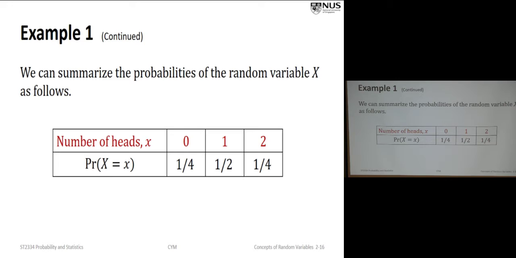From 0, no heads out of these 10, 1 head, 2 heads, up to 10 heads. Then you have to work out the probability for each of these values. Do you believe that they're equally likely? Obviously not, all right? So I construct a table with 11 columns, corresponding to 11 values, and try to work out the probability. Okay, fine.